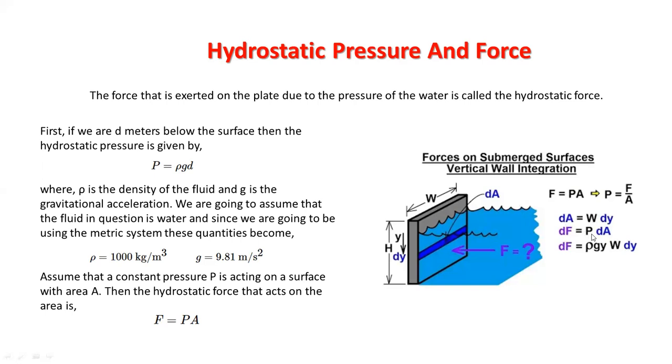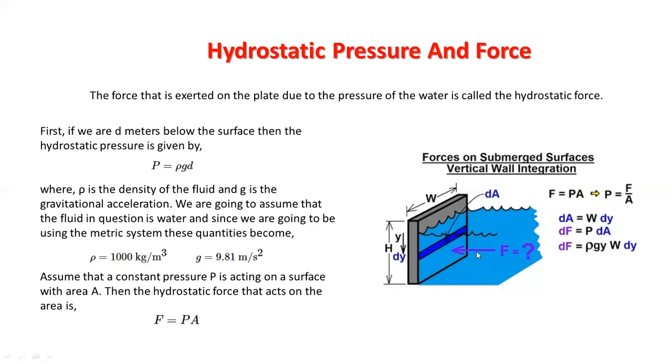If pressure is not constant, as I have mentioned, then we express this pressure in terms of the formula rho g D, where D now was changed to Y, because this D represents the distance of that chosen differential area from the top of the plate, which in our illustration here is equivalent to Y. So the differential of the hydrostatic force will now be equated to the product of rho g W y dy, in the case of our simple illustration of this slab that is being submerged in water.